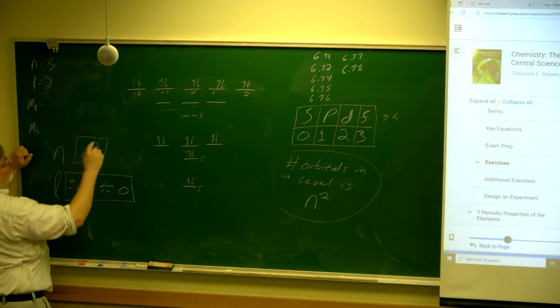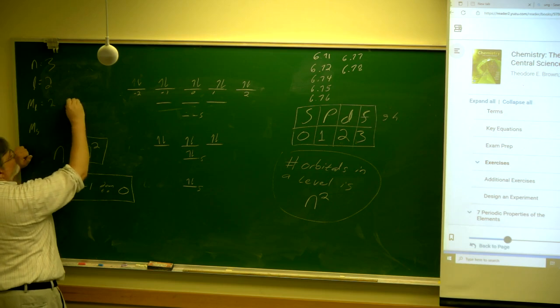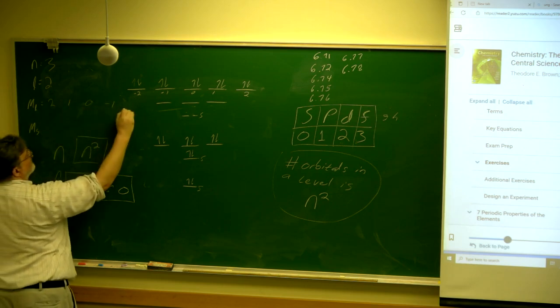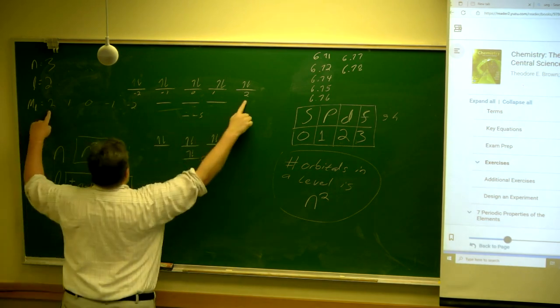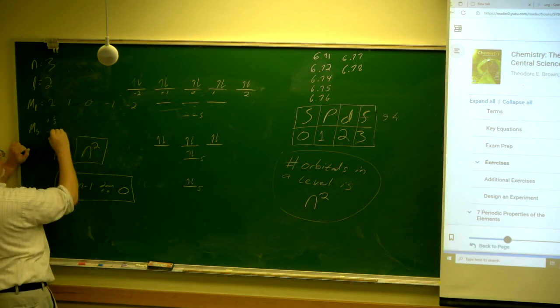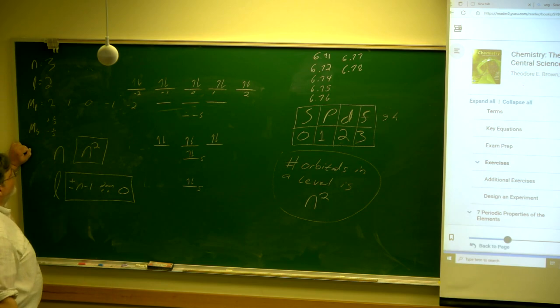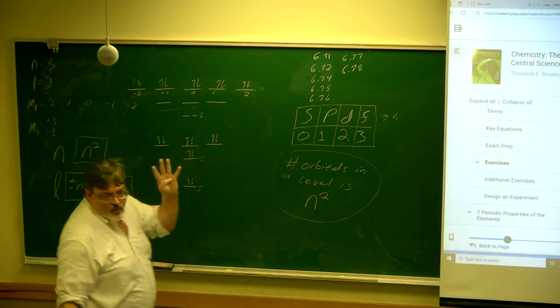You could have ml as 2. You could also have ml as 1, as 0, as -1, -2. And for these 2, you can have a +1/2, and the other one would be a -1/2. So each one of these electrons has a unique set of 4 quantum numbers.